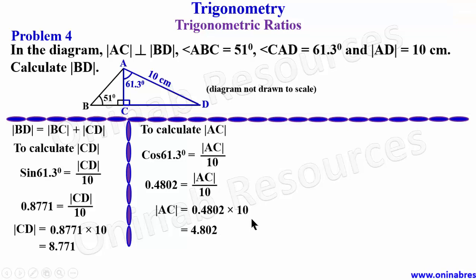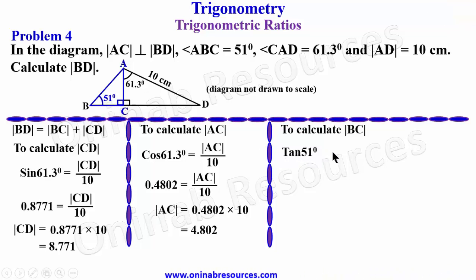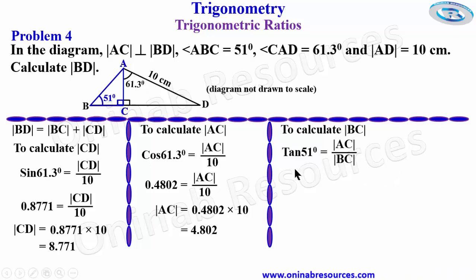We then go ahead to calculate BC. To calculate BC, we'll be looking at angle ABC. We've gotten AC, and BC is adjacent, AC is opposite. So the ratio there is tan. Tan 51 degrees is equal to opposite, which is AC, over adjacent, which is BC.